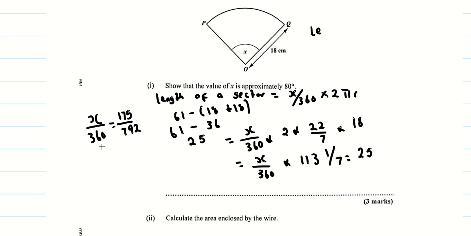I'm going to carry divide by 360, which will turn to multiply. So x would be 175 over 792 multiplied by 360.